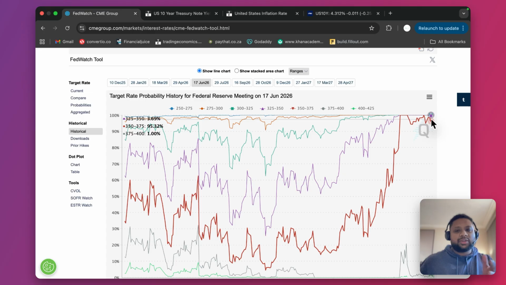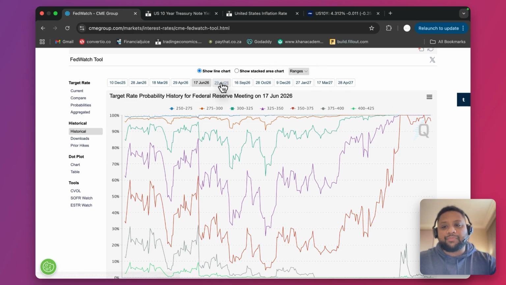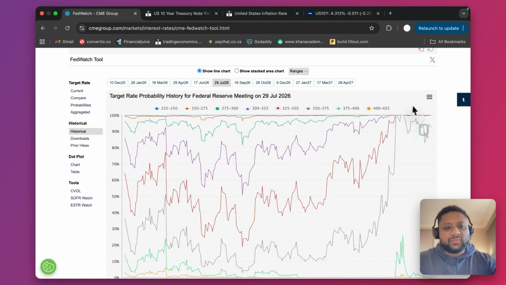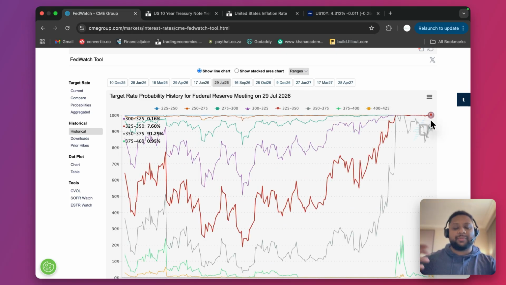But the closer we move to the end of the year, you'll notice that the probability of rate cuts happening down the line actually increases. So moving over now to July, what we came from a 3% probability that rates are going to be cut now moves all the way up to 7%. This might not seem big, but it does indicate that the further along the year we go, the more likely the Fed is going to make the decision to cut rates.